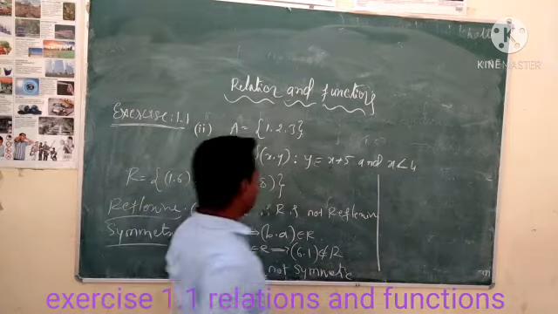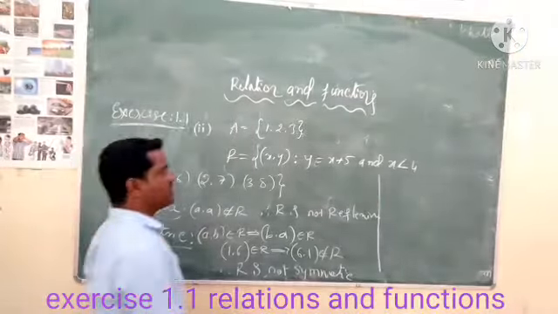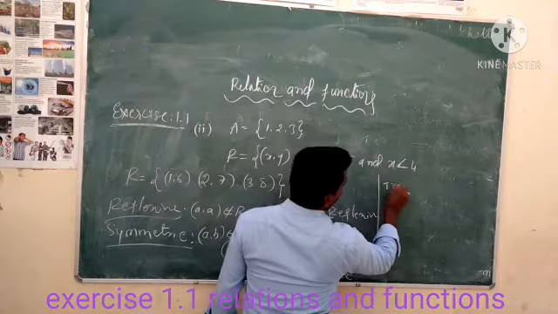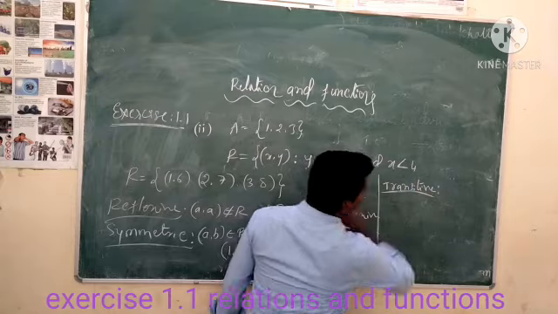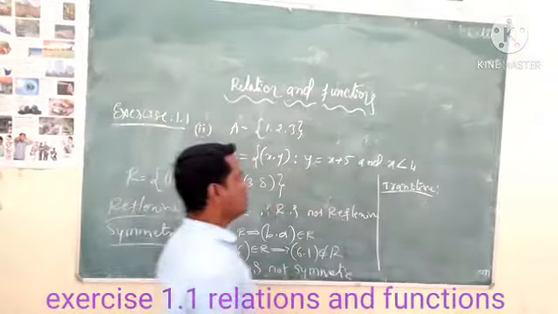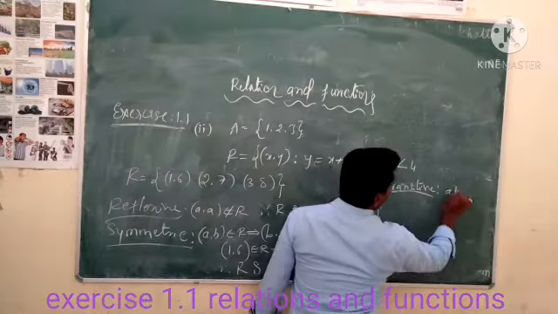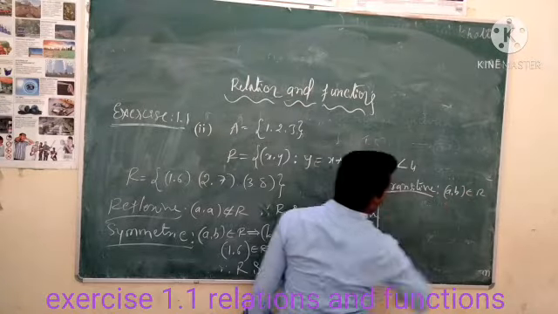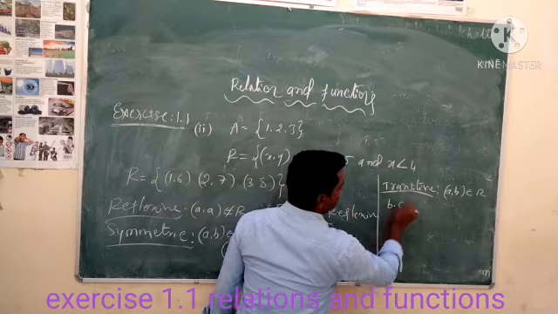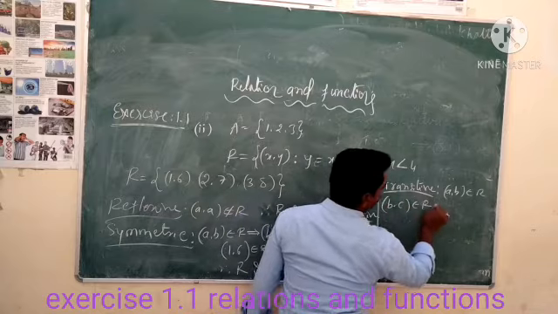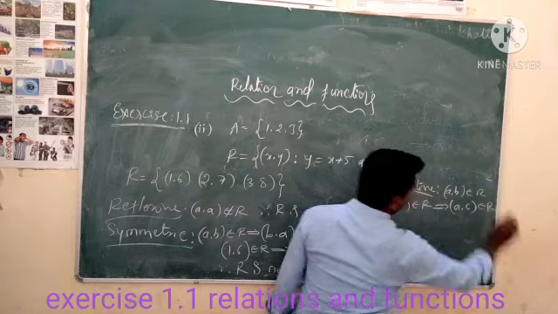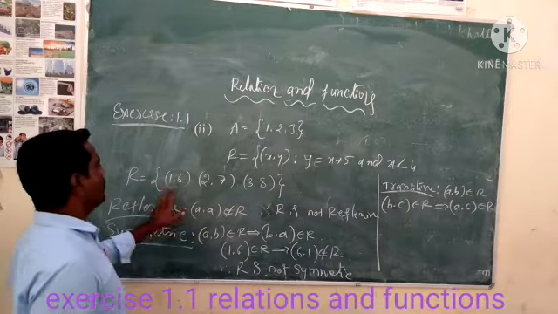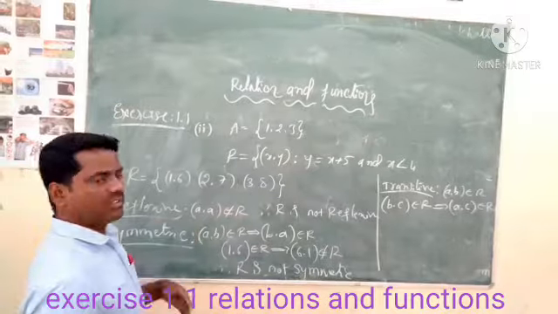Then we'll go for the third relation, transitive. We know that the condition for transitive is (a, b) belongs to R, (b, c) belongs to R implies (a, c) belongs to R. Now here we have (1, 6), (2, 7), (3, 8).